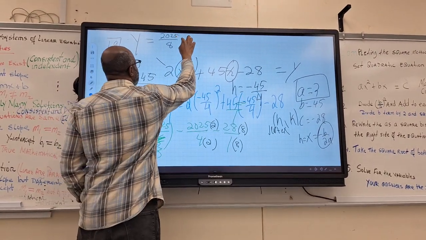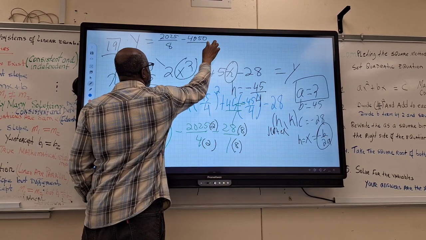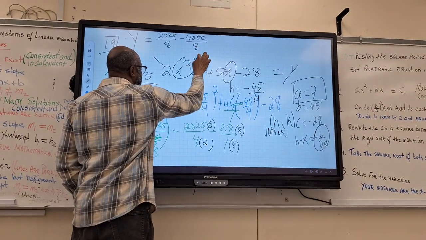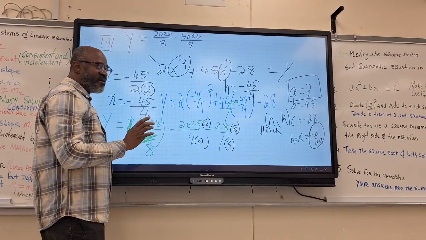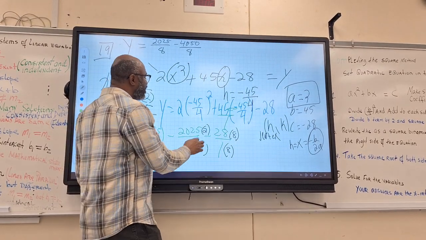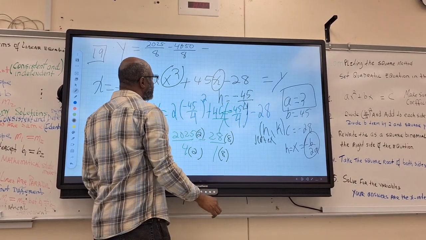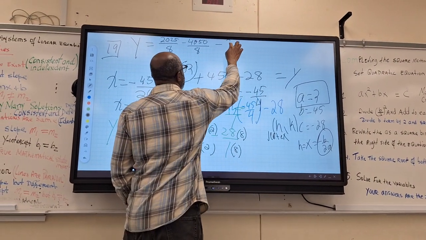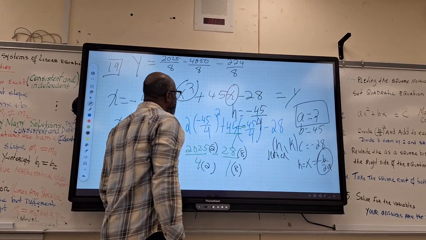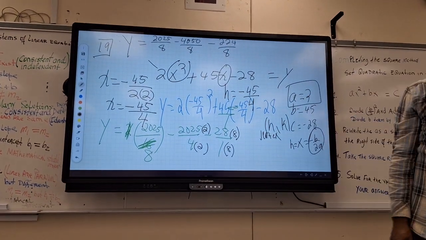Negative 4,050 over 8. Everything we want over 8, people. Otherwise, you cannot add them or subtract them, right? You need to have a common denominator. Now, what is 28 times 8? 224 over 8. Now we have a common denominator that we can add or subtract. Right? Those are the rules.